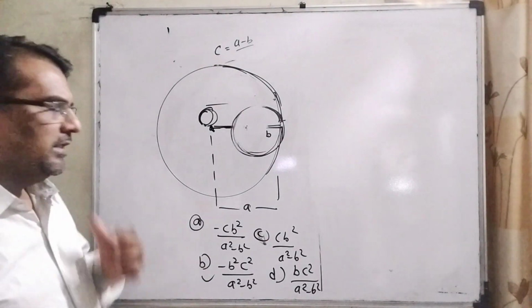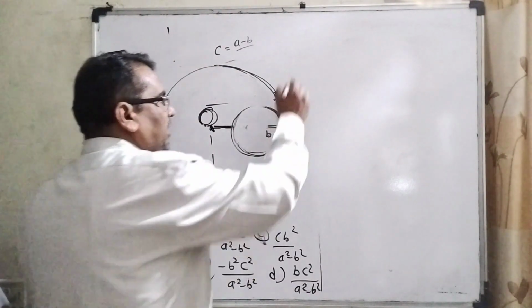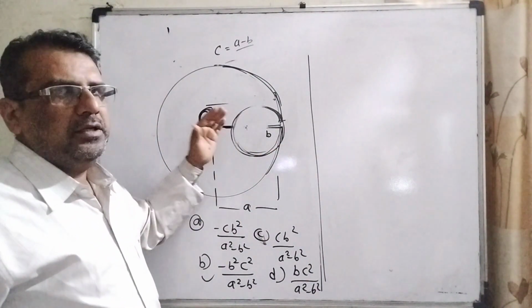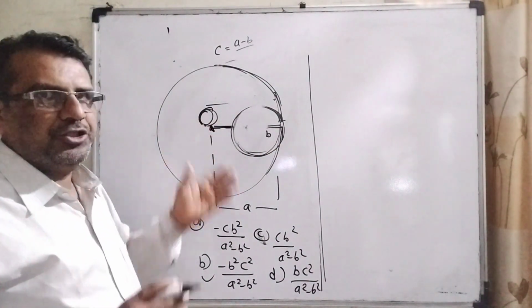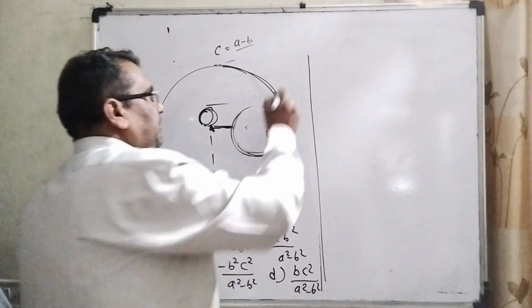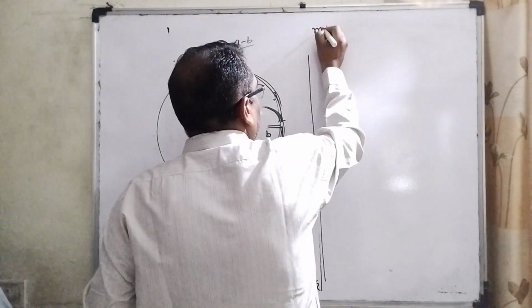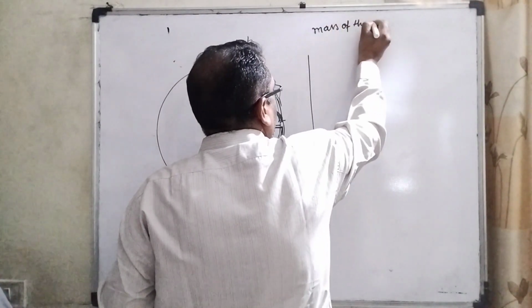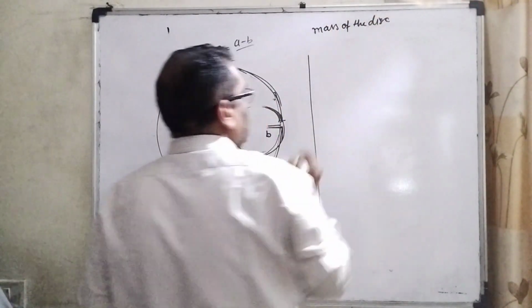Same concept we have to apply: whenever any part of the body is removed, then as you know, the center of mass will shift. So let us consider the mass of the disk. First, we have to find the mass of the disk.